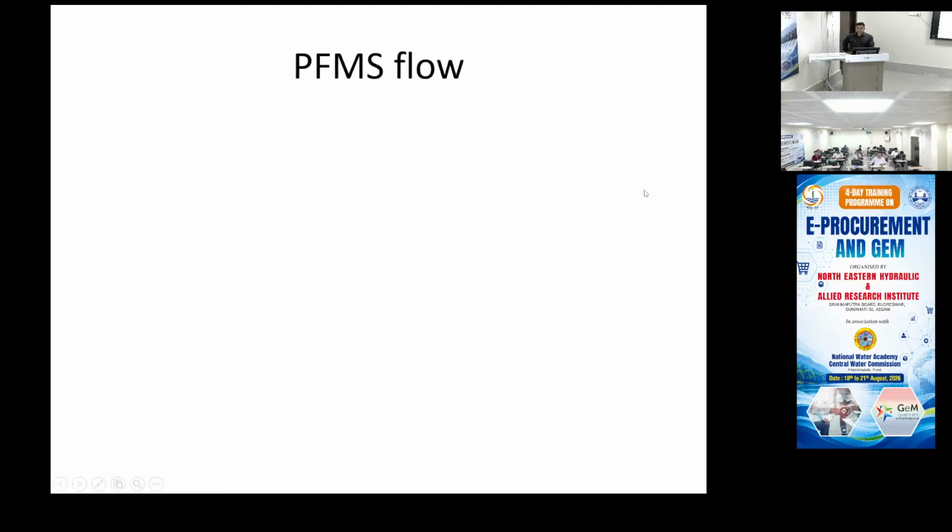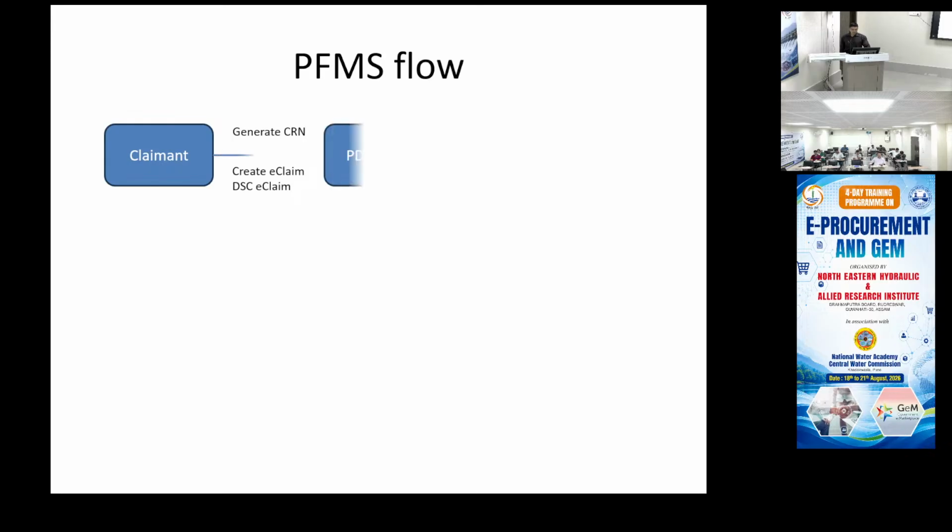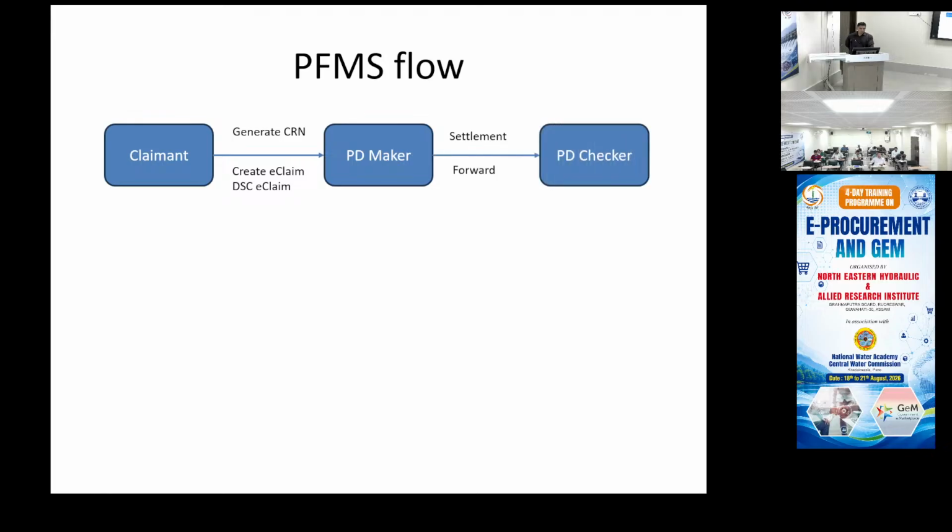So we have seen the PFMS flow like this from claimant. Claimant will generate CRN. It will create the e-claim, DSC the e-claim, DSC or e-sign. If you don't have DSC, you can do e-sign with Aadhaar. And it goes to the maker. Maker will do settlement and forward to PD checker. PD checker will DSC the settlement.